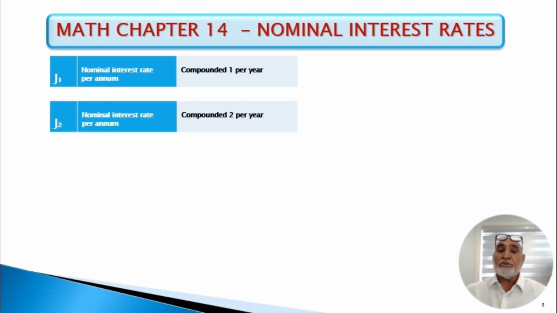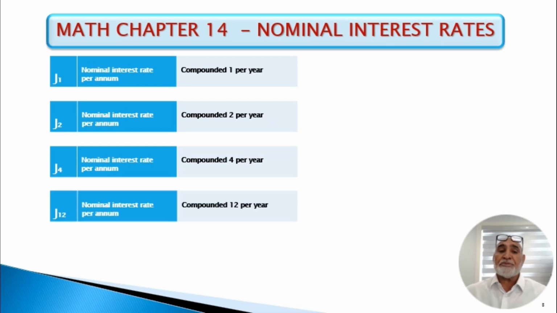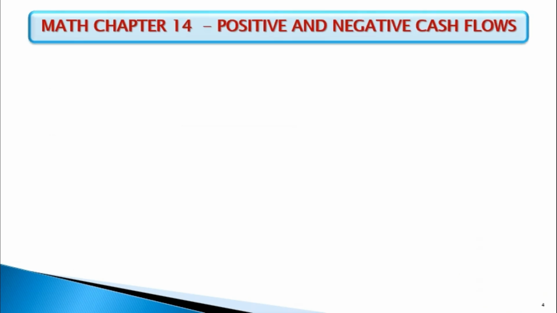J2 would be 2 compounding periods. J4 would be quarterly compounding, which is 4 compounding periods per year. J12 would be 12 compounding periods per year. And J365 would be daily compounding. We can also put in weekly compounding. It wouldn't be JW, it would be J52, which is 52 compounding periods in 1 year.